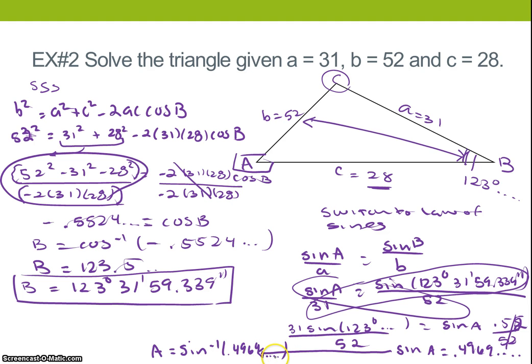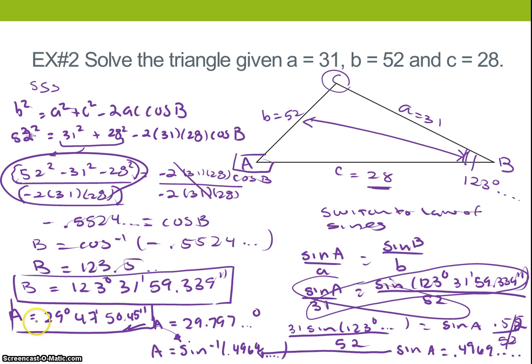And I'm just going to type that into my calculator in degree mode to get that A is 29.797 and some stuff degrees, or in DMS, A equals 29 degrees, 47 minutes, 50.45 seconds.